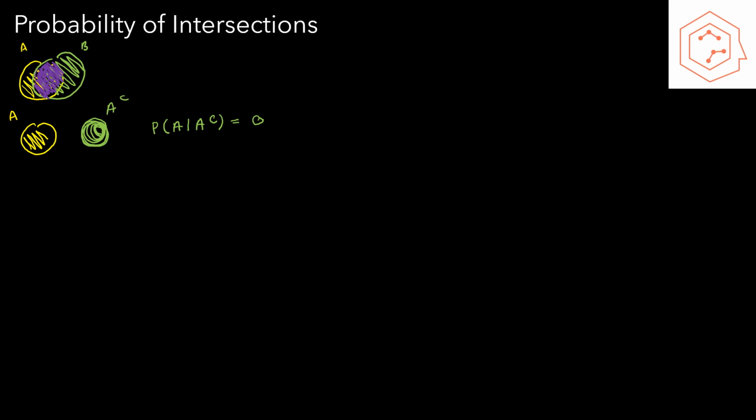So now with that intuition, the formula we use for the probability of an intersection between two events, which is the same thing as P(A and B) occurring, is equal to the probability of A, or the first event, multiplied by the probability of B, or the second event, given that A occurred. That's our formula.